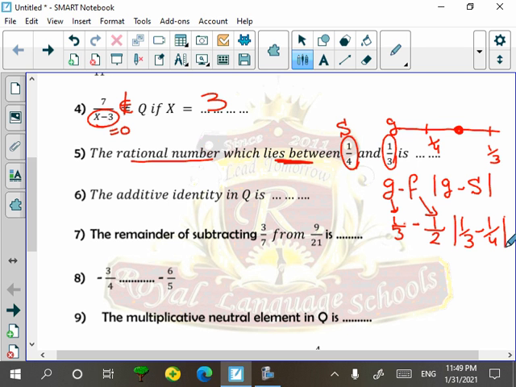The answer will be 7 over 24. Then the number in the middle is 7 over 24.